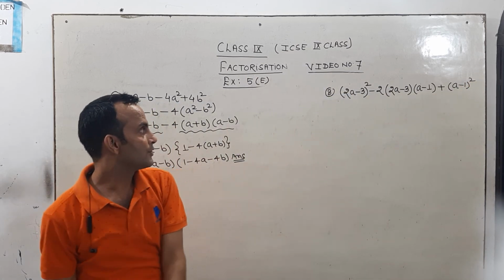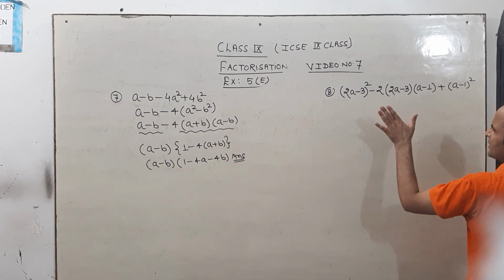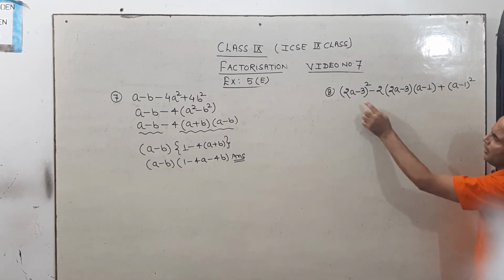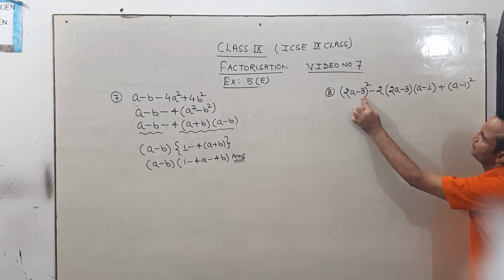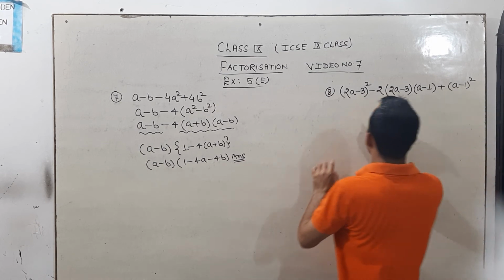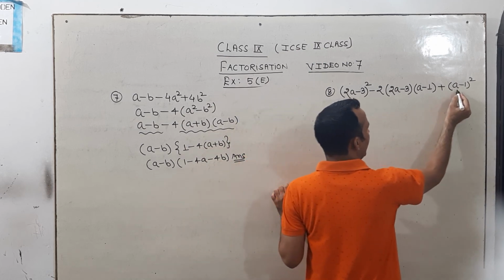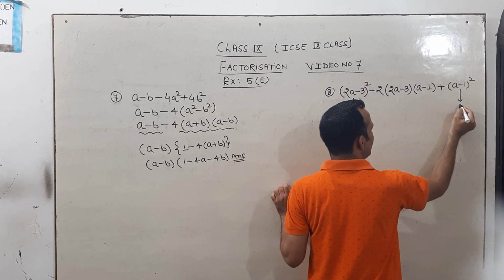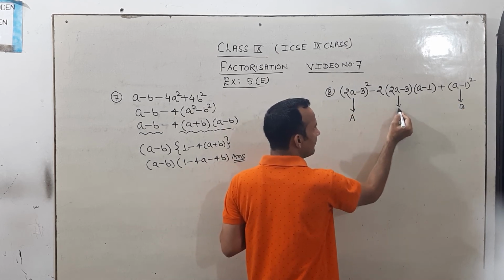Okay? See. My dear student, see, this is very easy problem. If you consider that 2a minus 3 acts as a, and a minus 1 acts as b, then this is what? Minus 2ab.